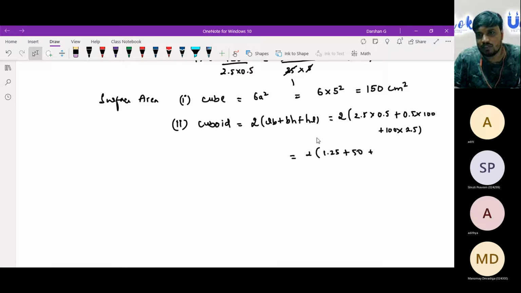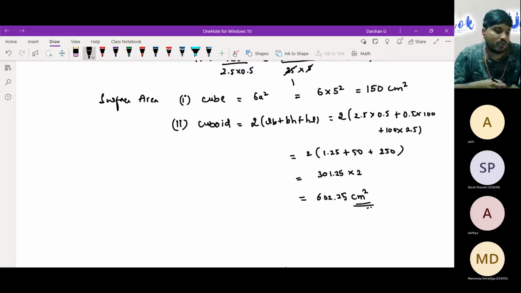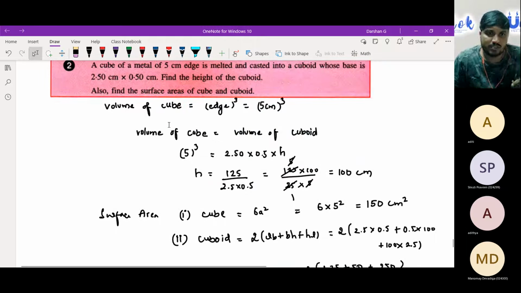This will be 2. 301.25. But you forgot to do into 2. Yeah, try and do into 2. So answer would be 602.25 centimeter square. So don't forget to multiply into 2. It's very, very important.